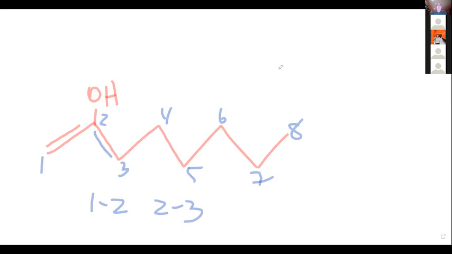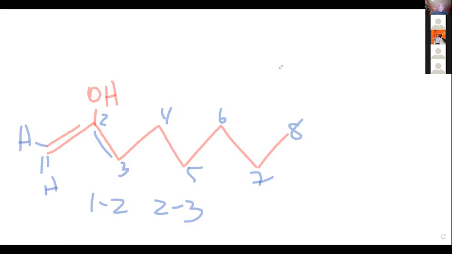So what would happen if we put it at the 1 position? What's attached to the 1 position if we put a double bond there? Two hydrogens. Right. So we'd have a hydrogen here and a hydrogen there.